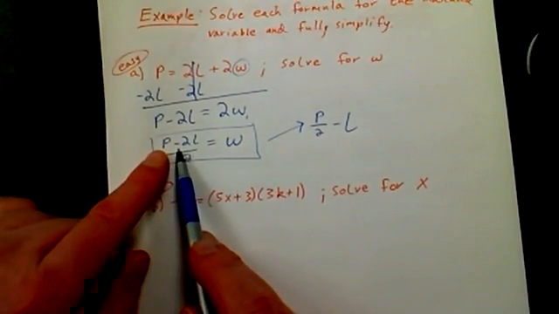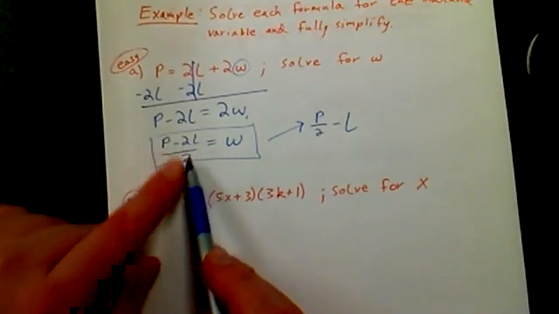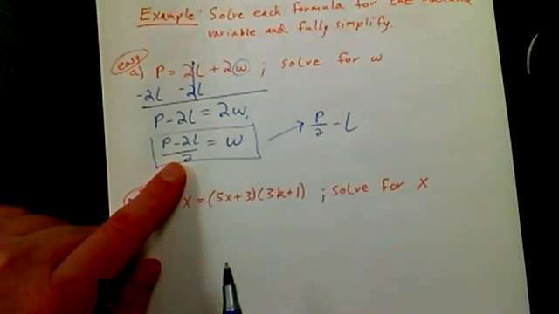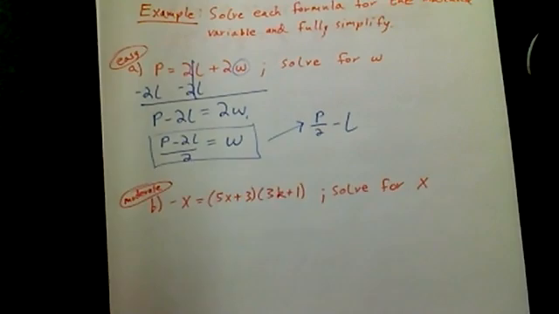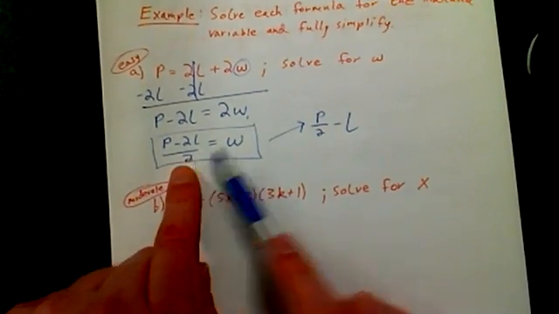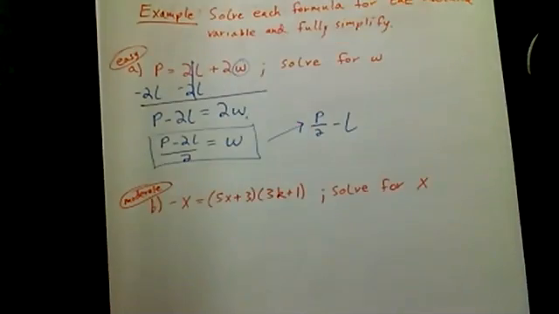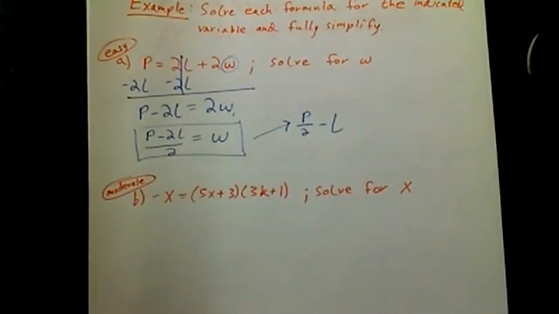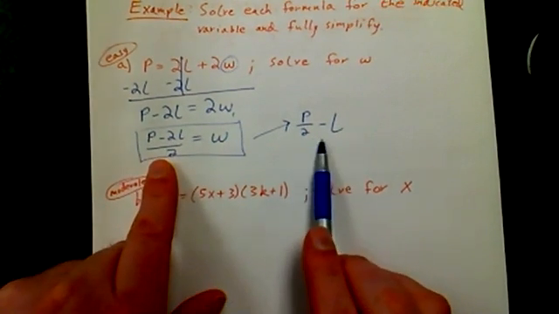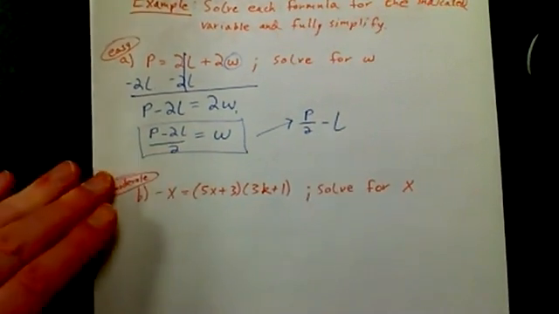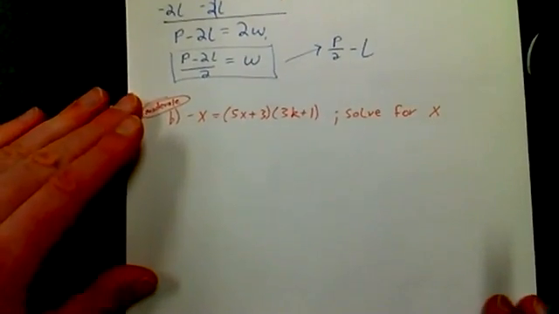You can split the numerator: P over 2 minus 2L over 2, or just L. I want you to make sure that seeing that these are the same is very easy for you, okay? If it's not, that's all right, but send me an email, put something on the discussion, get with me or someone else and make sure you understand that these two things are the same thing, okay? So that's a good warm-up for this one.